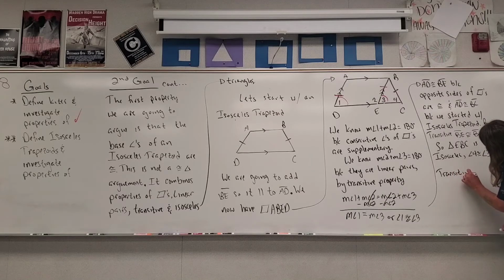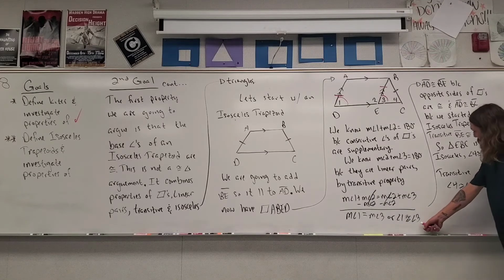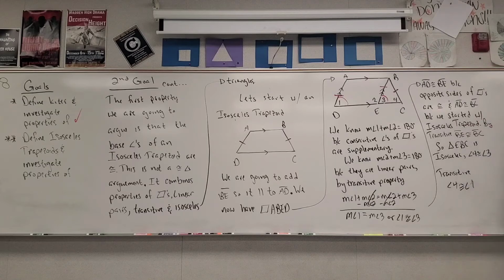We've seen the transitive arguments. By the transitive property, we can say that angle 4 must be congruent to angle 1, right? Because 4 is congruent to 3, and 3 is congruent to 1, so that means that 4 must be congruent to 1, right? If two things are congruent to the same thing, then those two things must be congruent.